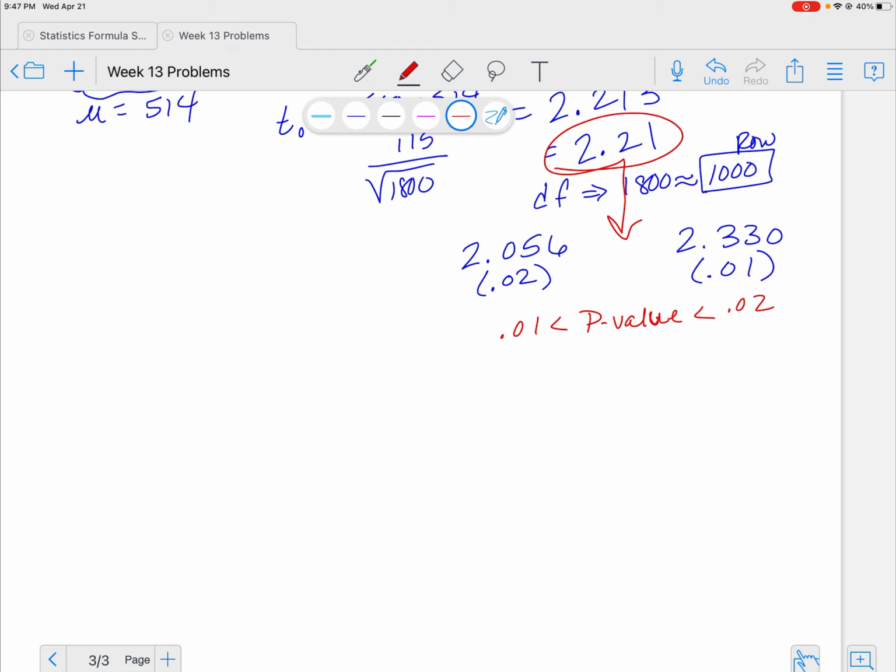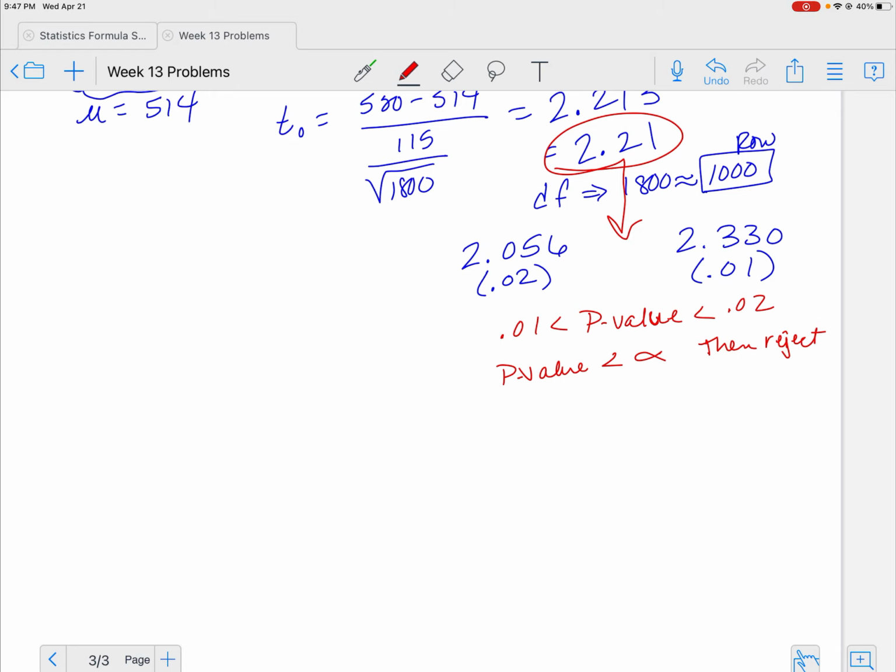If I can find my approximation, then this works just fine. If you can't, if you need an actual p-value, then you have to use StatCrunch. All right. So remember, the same criteria holds. My p-value here has to be less than my level of significance in order to reject.